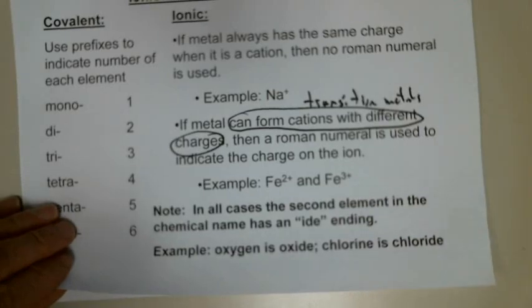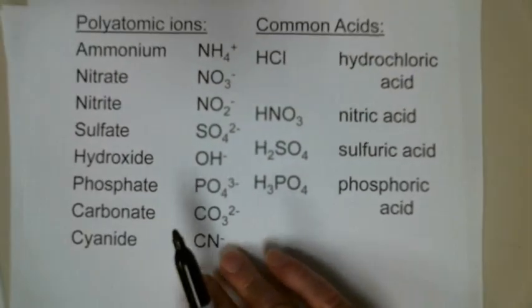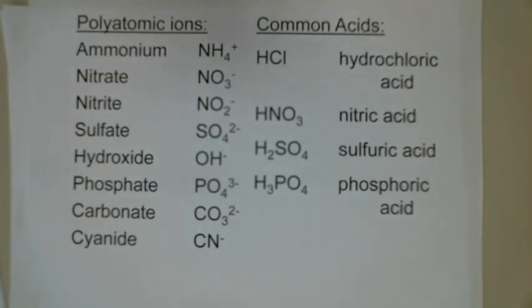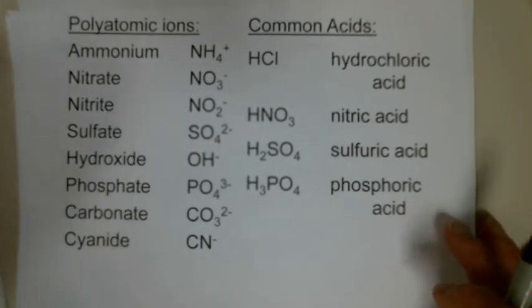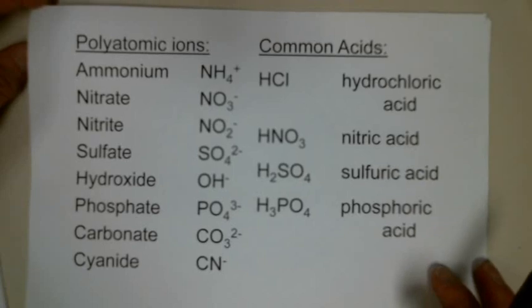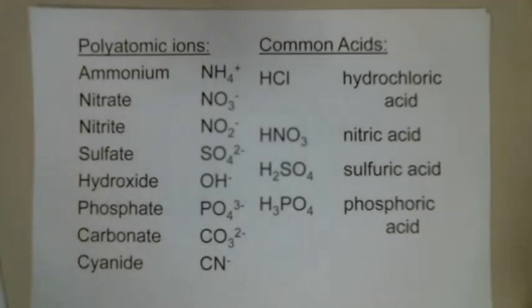Here's the other thing: there are a few things that I'm going to ask you to memorize to do some of this naming, because we are going to have some compounds with what are called polyatomic ions. I'll do some examples, and hopefully it'll make more sense from the examples. Polyatomic ions are things that are covalently bonded, but they're ions, so they're in ionic compounds.